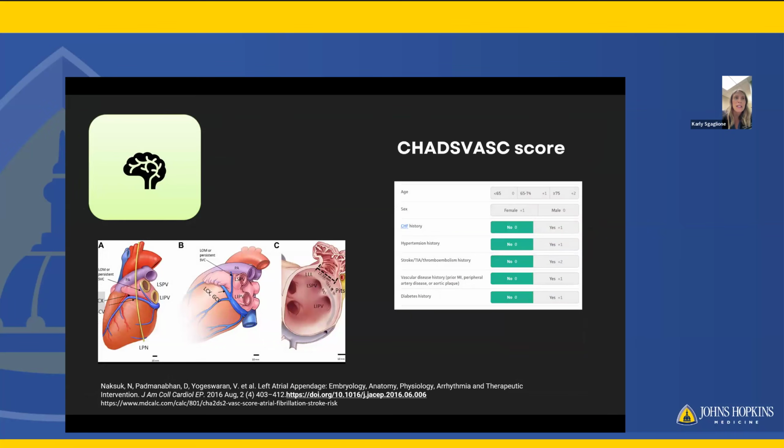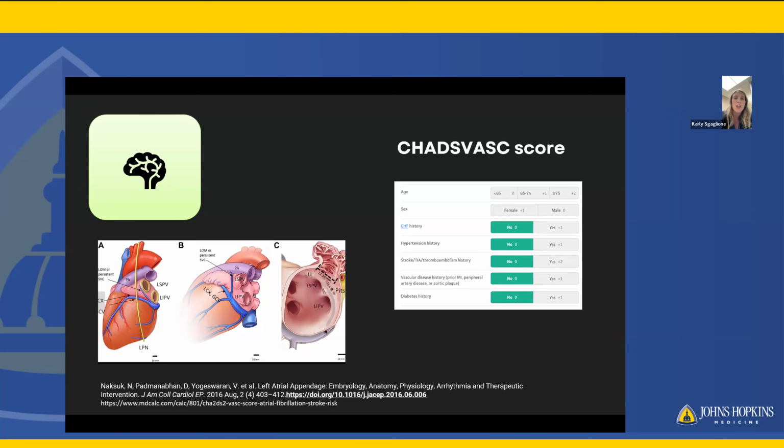A Watchman device is beneficial for patients that have a high stroke risk score requiring indefinite anticoagulation due to AFib, but can't tolerate a blood thinner or have issues with a blood thinner. A lot of patients come in with GI bleeds or frequent nosebleeds or things like that.